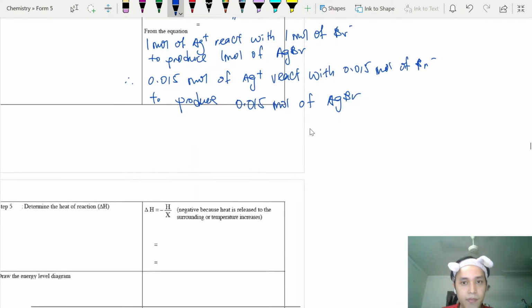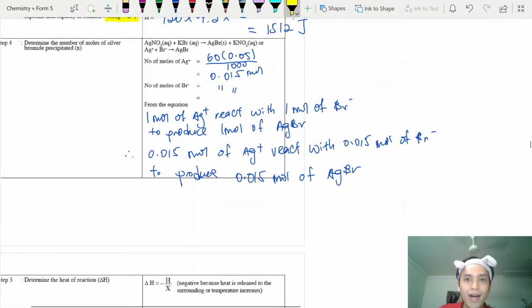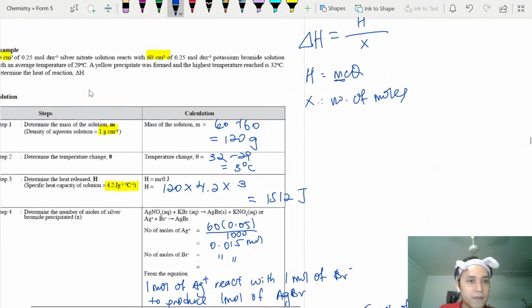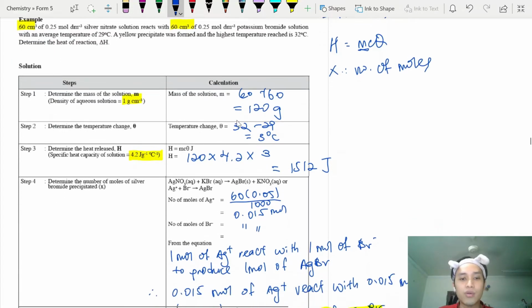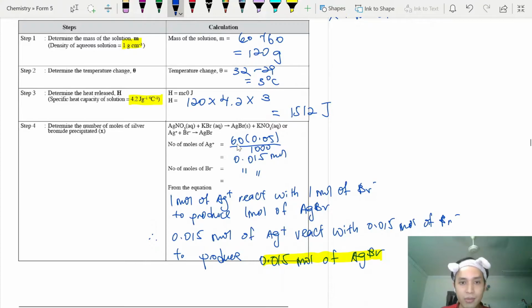Okay, done. Alright, so why do I need to know the mole of silver bromide? Because this is to calculate the heat of reaction. If the question gives you the heat of reaction, you need to know what kind of reaction this is. If you still remember your salt chapter in Form 4, 2 soluble salts you combine to get 1 insoluble salt, meaning this is your double decomposition reaction.